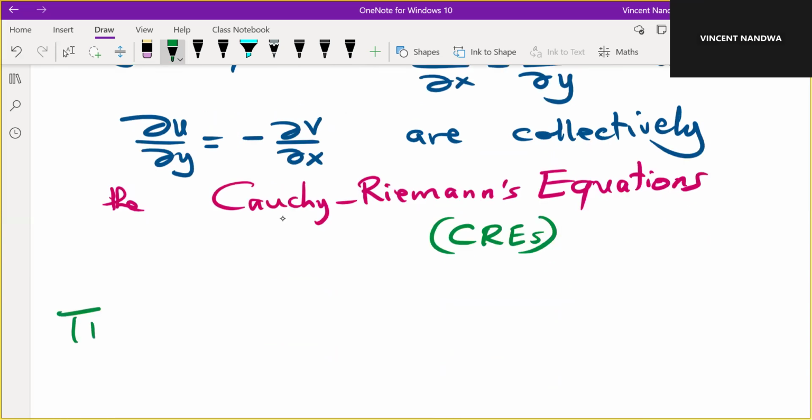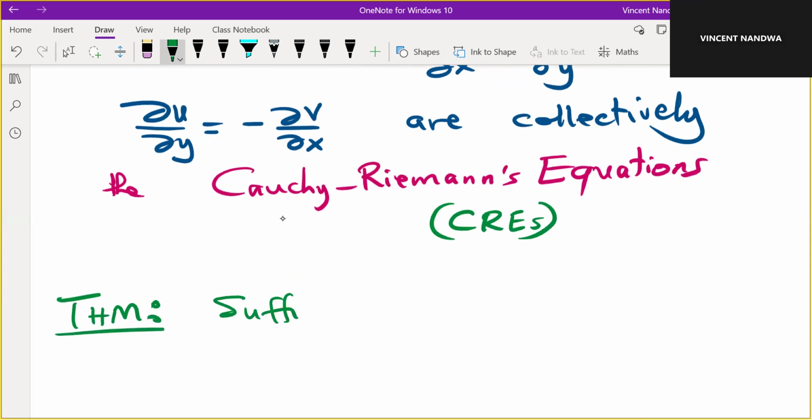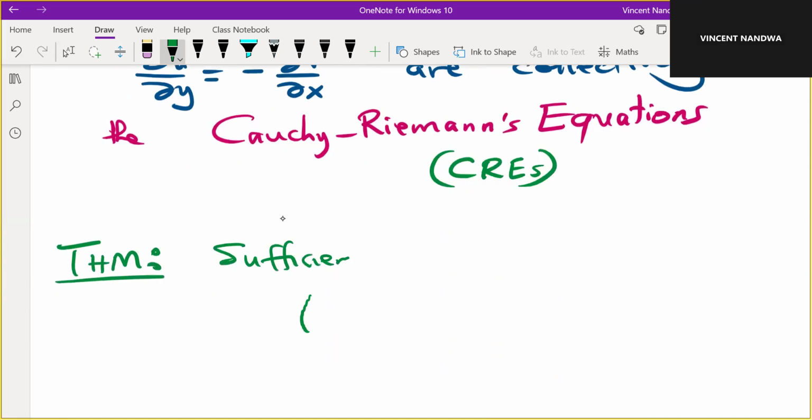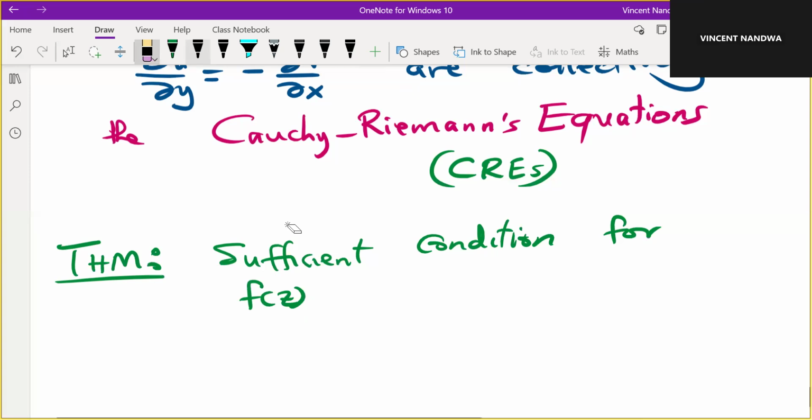So I'll state the theorem without proof. You can check it in the textbook. So there's what we call the sufficient condition for f of z. Remember, the CREs are necessary conditions for f of z to be analytic, but not a sufficient condition for f of z to be analytic.